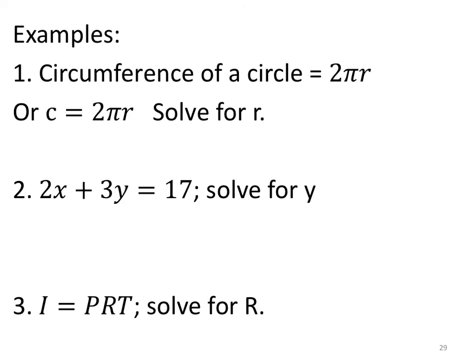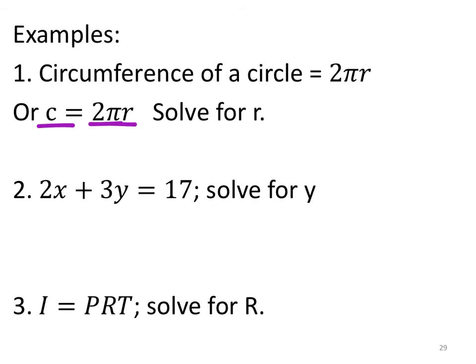So this one is circumference of a circle, 2 times pi times r, but if we wanted to solve for the radius, which means that we would have been given the circumference, then I'm still going to apply a principle of equality, but I'm going to mold this how I want it to be so that it looks the way that I want it to look. If I'm solving for r, I need to get rid of that 2 pi, which right now is a coefficient of r, the radius.